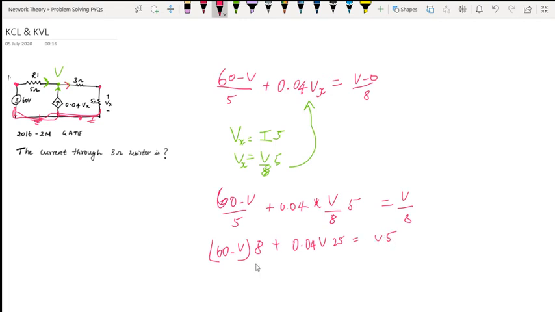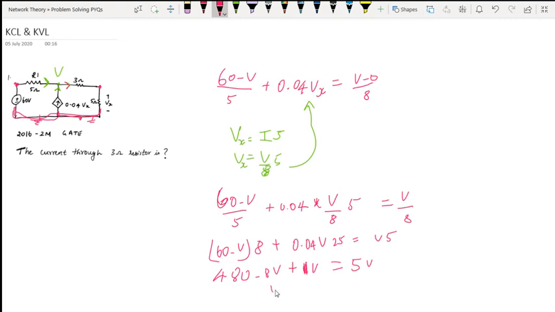On further simplifying, 60 into 8 is 480 minus 8v plus 0.04 into 25, it's going to be totally 1v. This is v, so 1v equal to 5v. V is the variable we assumed here. Now when you simplify it further, 480 will be equal to 12v.